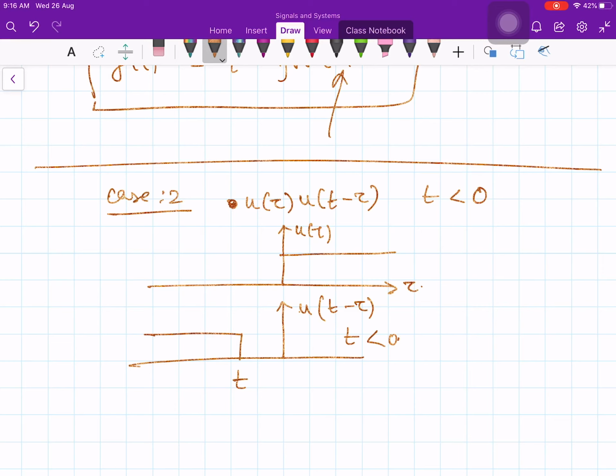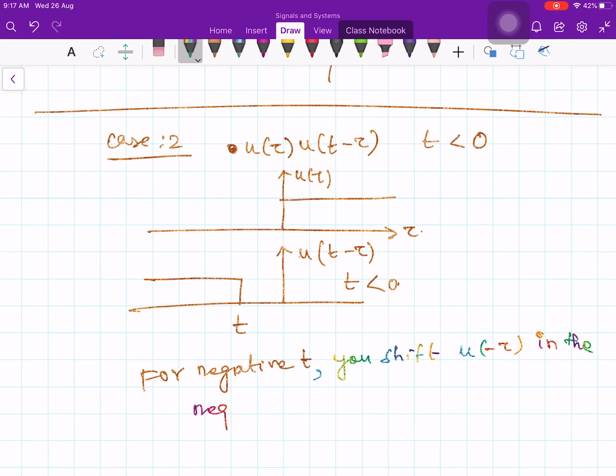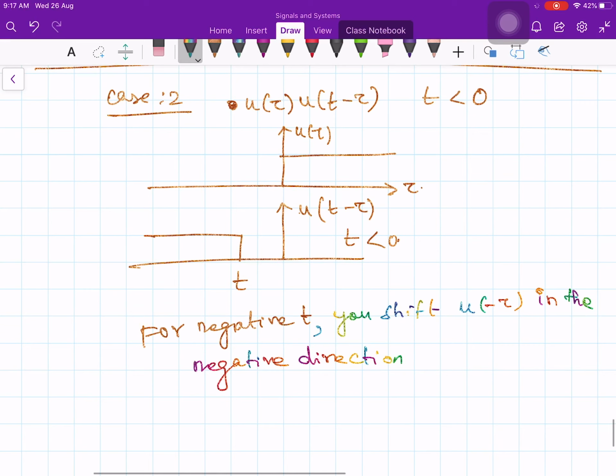For negative t, you shift u of minus tau in the negative direction. If you shift in the negative direction, then you don't have any overlap. So this is the curve which looks like this when you shift in the negative direction.